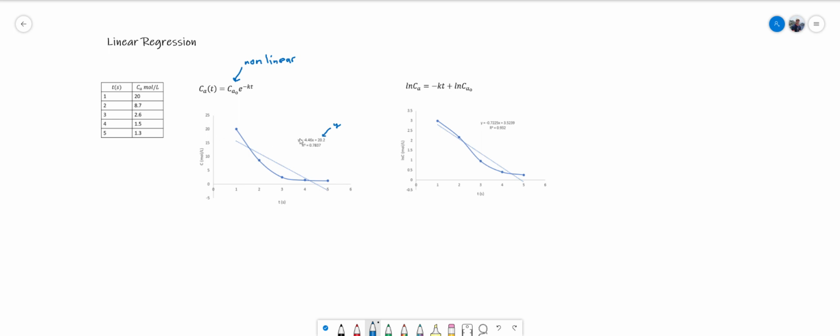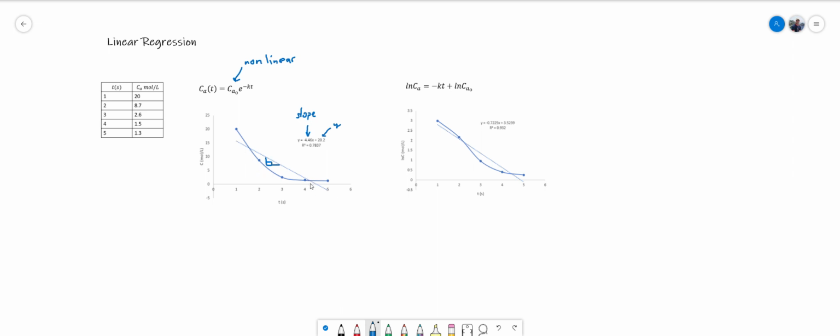And negative 4.46 is our slope. What that means is that for every 4.46 seconds, we can expect our concentration to go down by 1 unit if we were to use this line as a prediction.